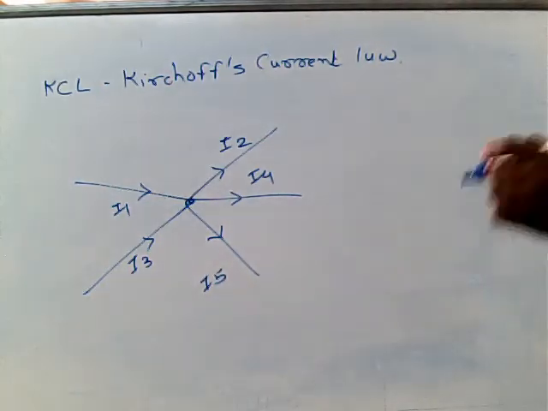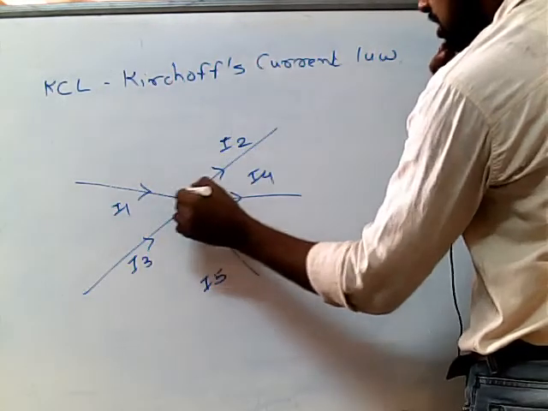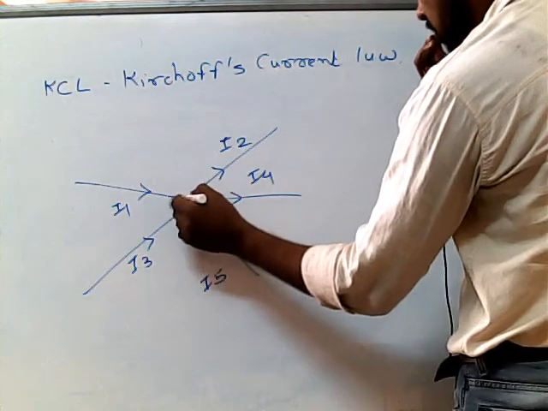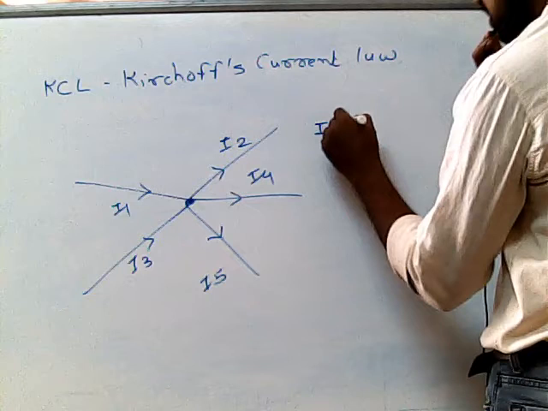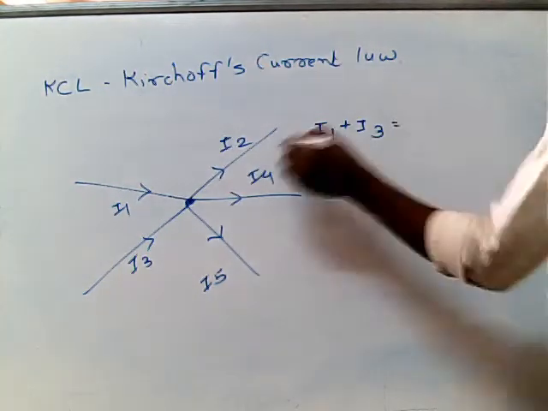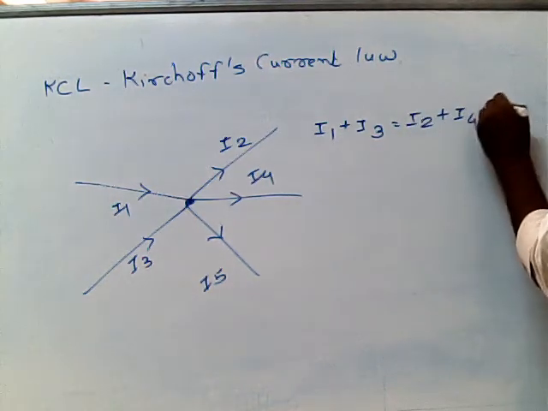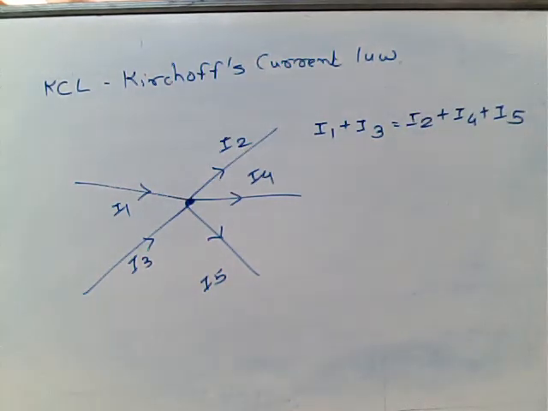So what the KCL says is that the incoming current on any particular node, which is I1 and I3, will be equal to the outgoing current through that node. The outgoing current is I2, I4 and I5. So the total incoming current will be equal to the total outgoing current.